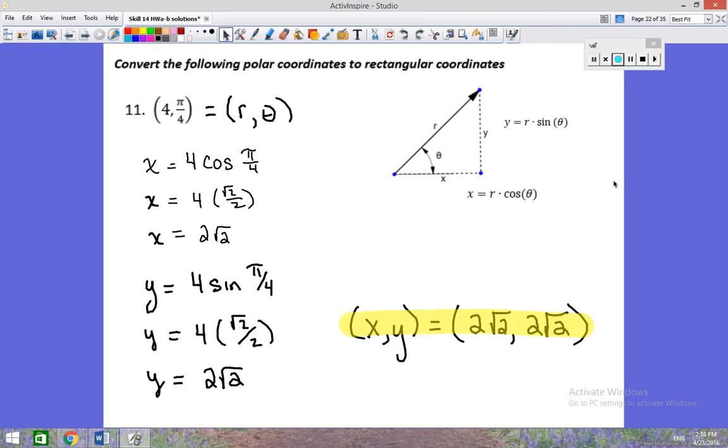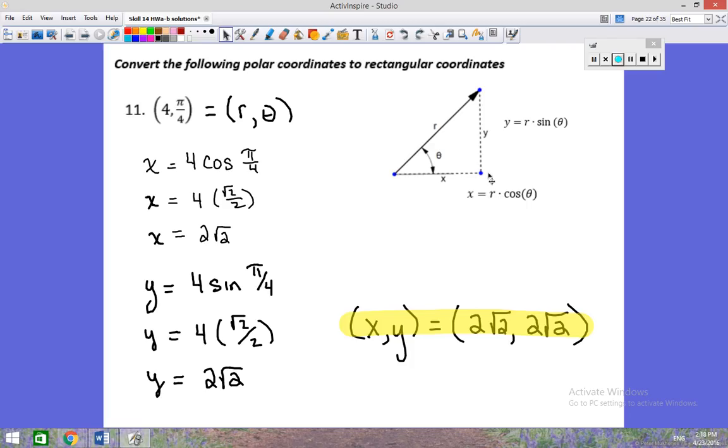All right, so here we have several where they give us our polar coordinate, and they want us to convert it to rectangular coordinates. Hopefully this is a little bit familiar, because this is what you were doing with vectors when we broke it up into horizontal and vertical components. So this radius out from the pole, theta is measured positive counterclockwise from the x-axis.